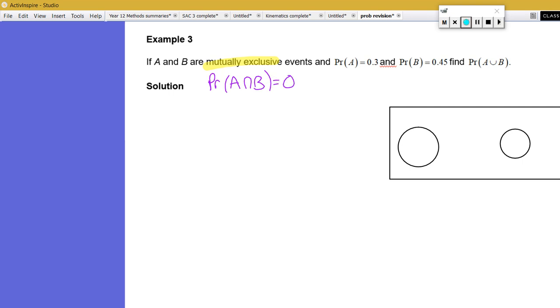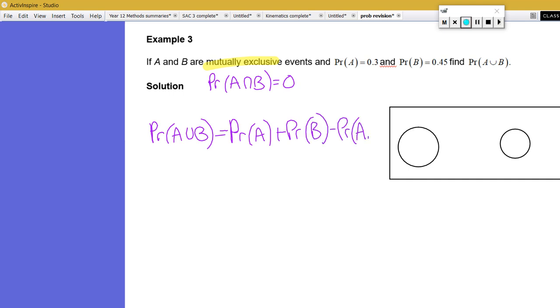Now, they've given us some information. They've given us the probability of A and the probability of B, and they've asked us to find the probability of the union. So we need a rule that connects those different probabilities, and so it comes back to the probability of A union B. That's the only rule that we have that has A union B in it, which is equal to the probability of A plus the probability of B minus the probability of the intersection.